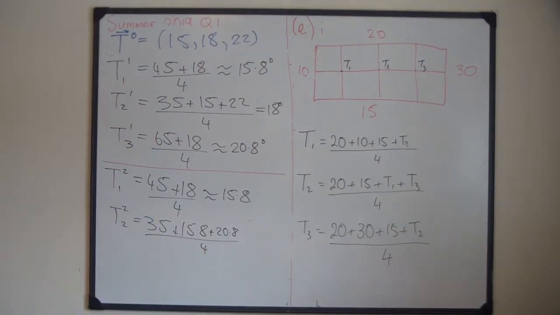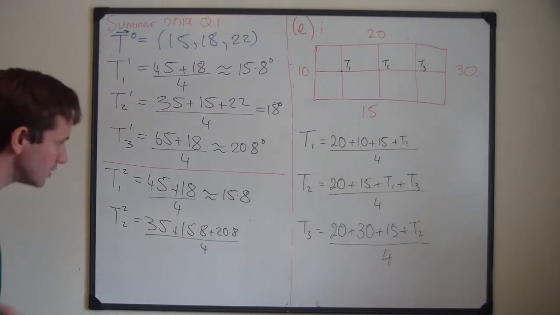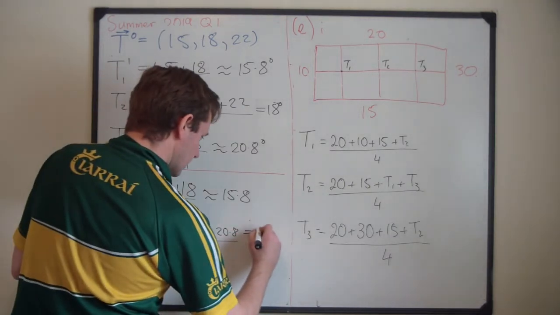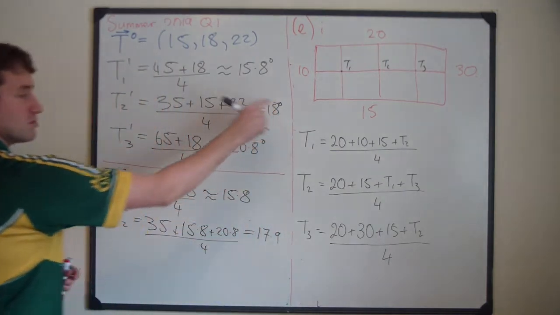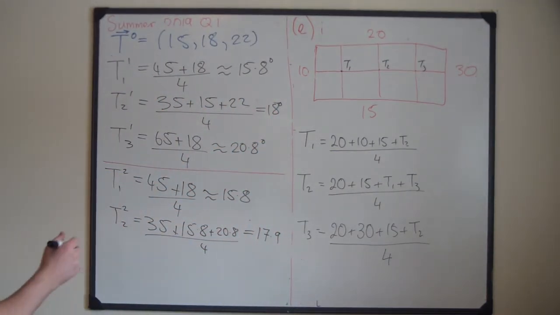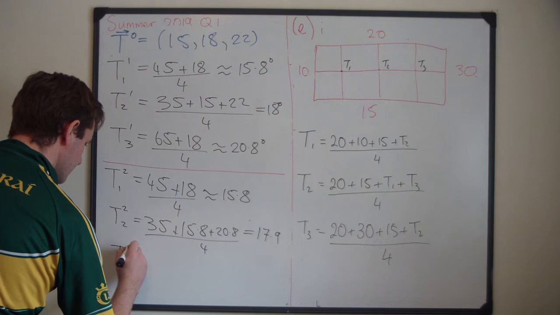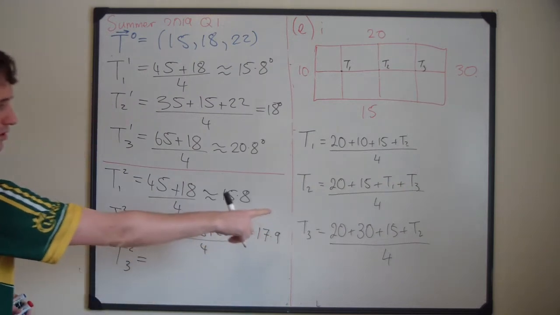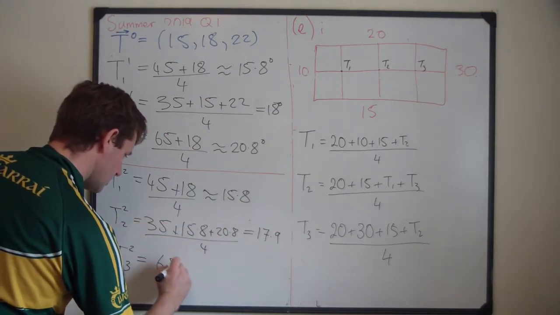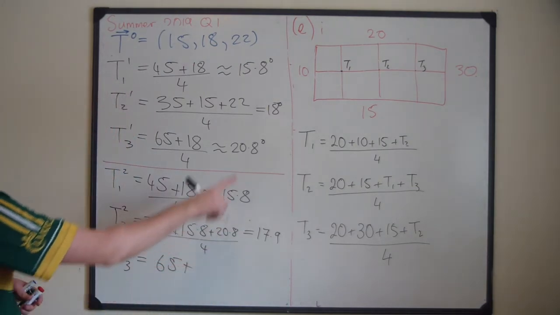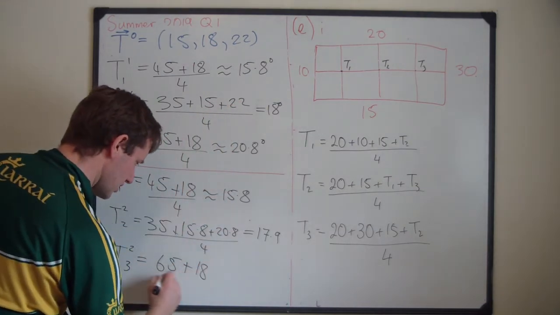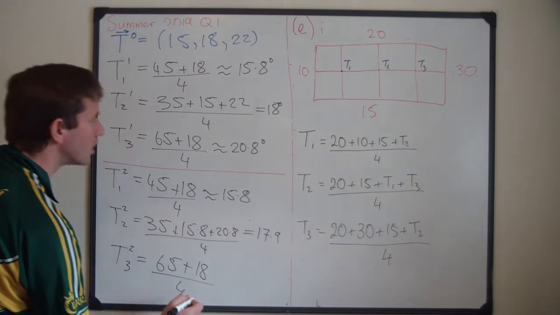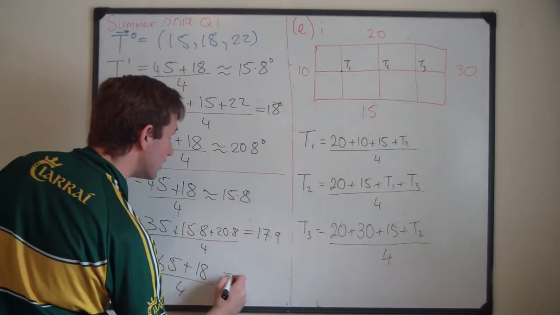So I get 35 plus 15.8 plus 20.8 divided by 4, 3 significant figures. It actually equals 17.9. Not much movement in that, suggesting that it might be accurate. And T3 second iteration, the equation is 65 plus the previous T2, which is 18, and that won't change either. So that gives me 20.8.